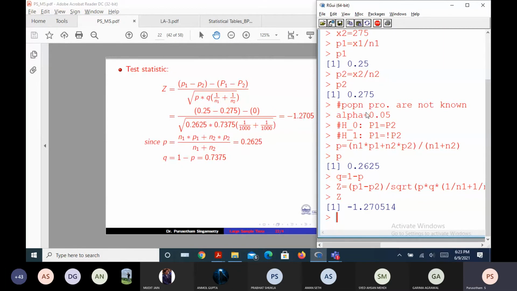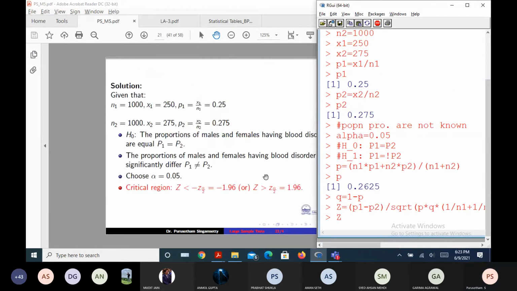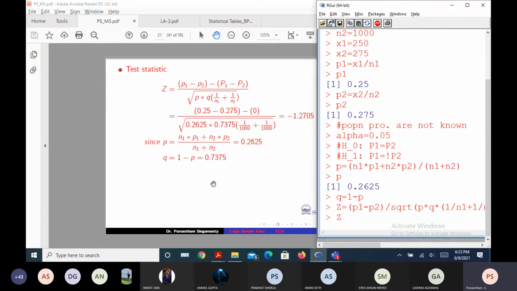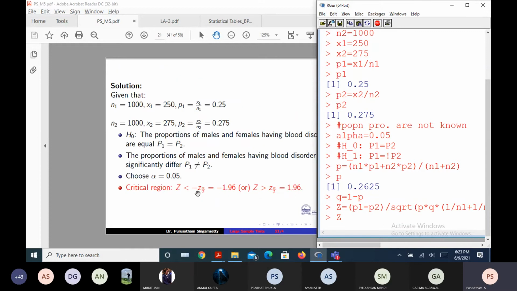Now, what is the Z alpha by 2 value? 1.96. Now, is minus 1.27 falling in the critical region? Is it less than minus 1.96 or greater than 1.96?